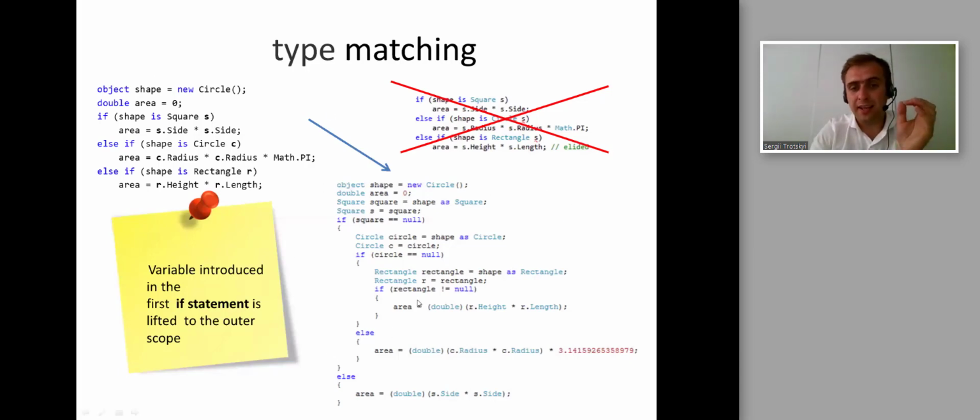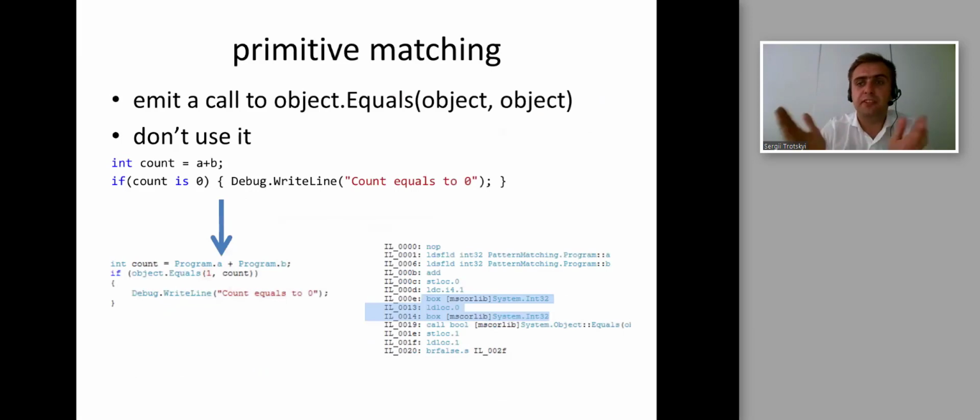And it uses the well-known as keyword. In case the object could be cast to the particular type, as returns that object. In case it can't be cast, as returns null. You see that.